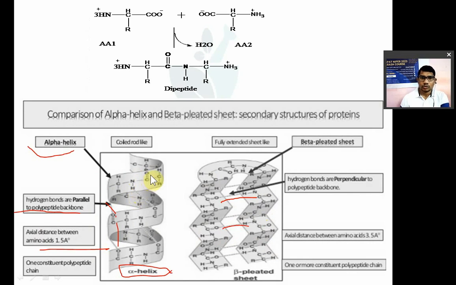Helix में amino acids they are extending outward. यहाँ पे amino acid outward रहेंगे, तो यहाँ पे backbone क्या रहेगा? Peptide. Amino acid side में रहेंगे. So due to that helix, hydrogen bonds are parallel in alpha helix, whereas in case of beta pleated sheet they are perpendicular. Okay, इसमें axial distance between amino acids क्या होगा? 3.5 angstrom. इसमें ज़्यादा है. These are the two secondary structures of protein.